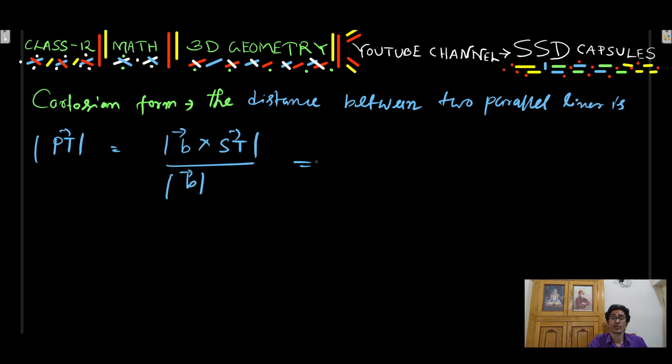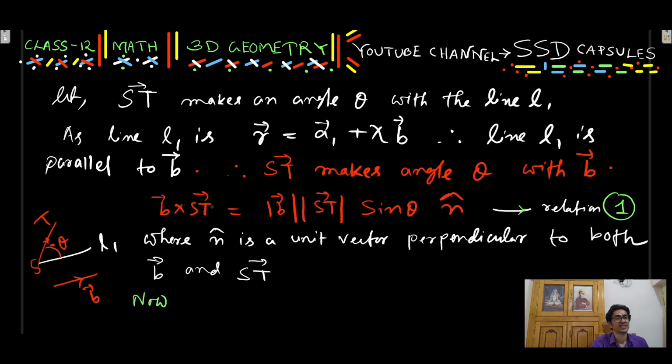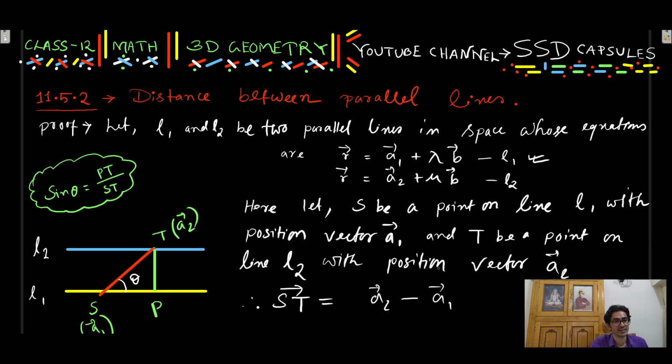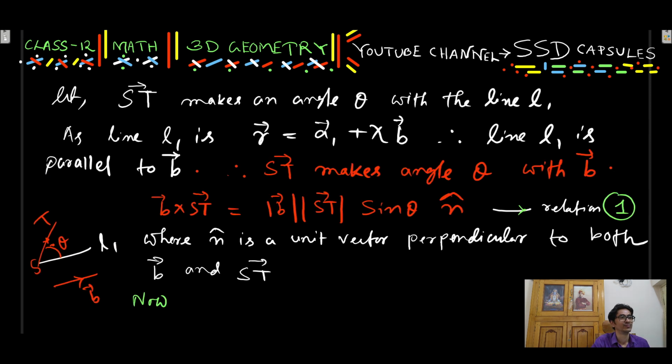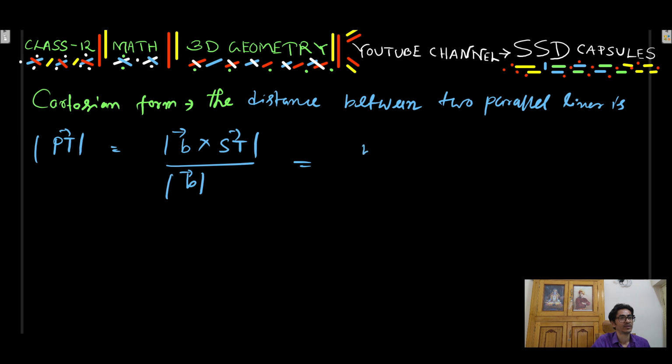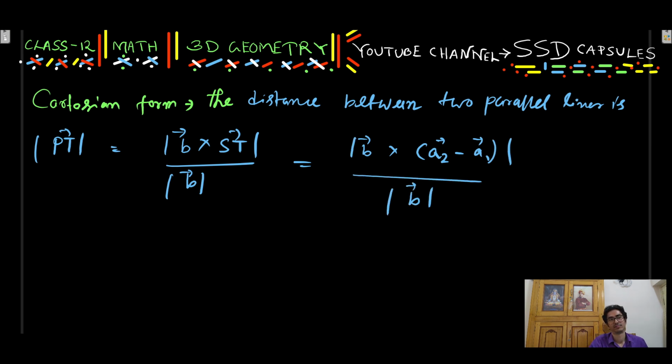Now what is ST vector? We have derived it: ST vector equal to A2 vector minus A1 vector. We just simply put the value: B vector cross A2 vector minus A1 vector magnitude by B vector magnitude.